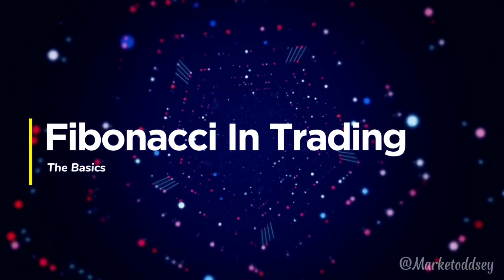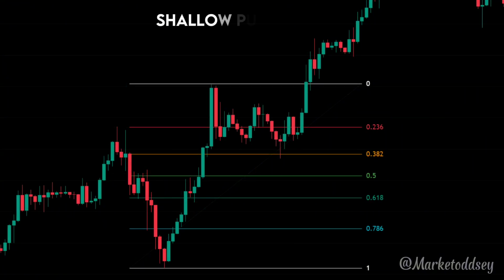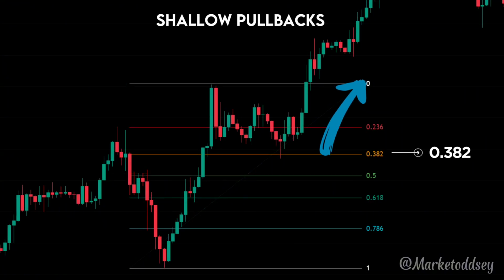Fibonacci in trading, the basics. Fibonacci retracement levels 0.236, 0.382, 0.5, 0.618, and 0.786 act as potential support or resistance zones during price pullbacks. Here's the key insight. Shallow pullbacks, 0.382 or less, indicate a strong trend.